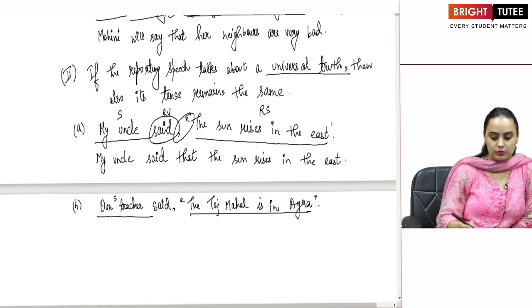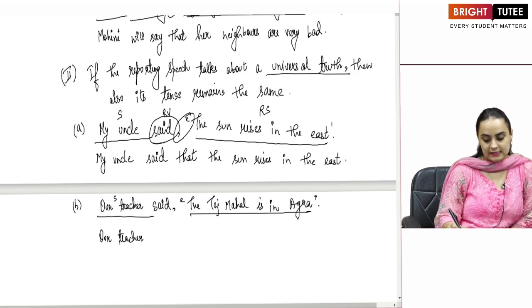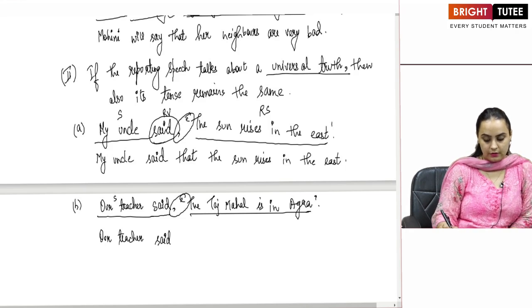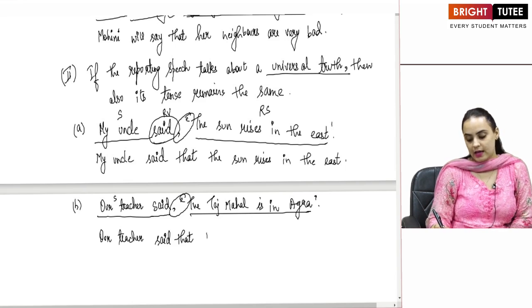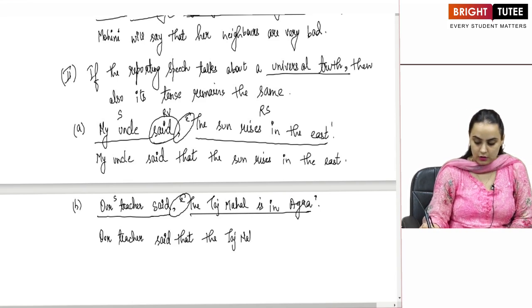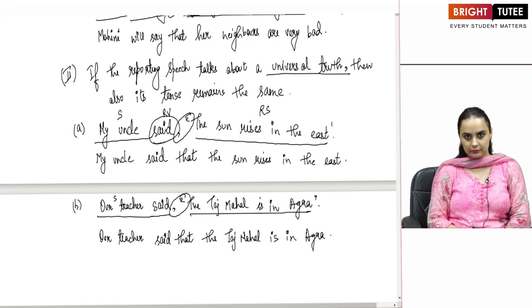Our teacher, which is my speaker, remains as it is. Our teacher said remains as it is. We remove the inverted commas. We write that. And my reporting speech remains the same. So my teacher said that the Taj Mahal is in Agra. Okay?